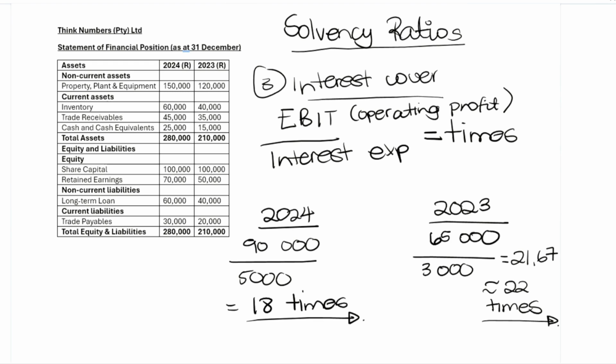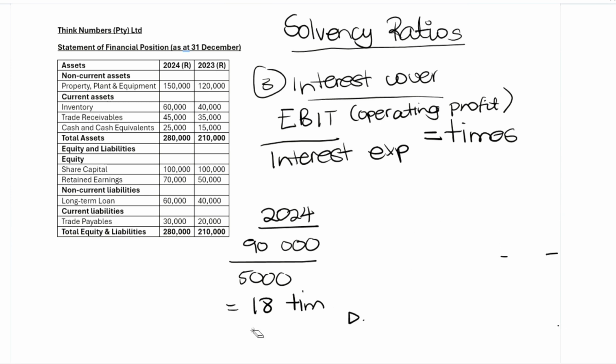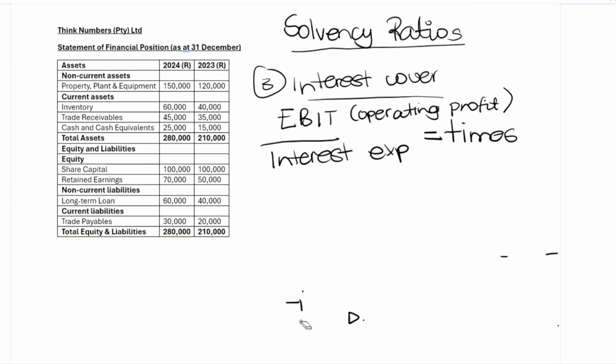Meaning, we can use our operating profit to pay for our interest expense 18 times in 2024 and 22 times in 2023. Generally, for a ratio like this, 3 to 5 times or more is preferred. As you can see, Think Numbers is well over that range, meaning we are able to pay off our interest multiple times from our operating profit.